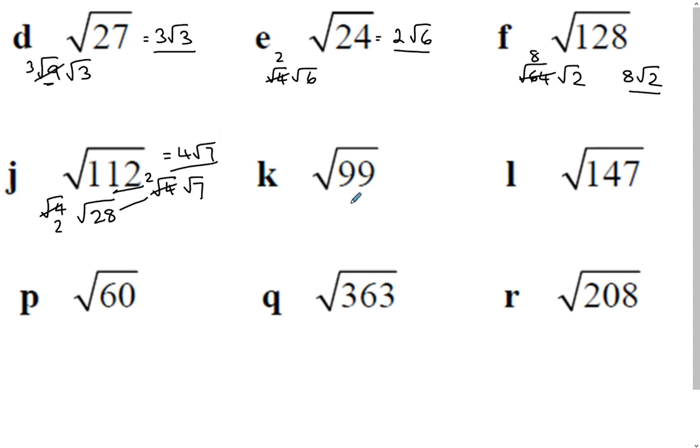All right, 99, you can tell it goes into 9. So you've got surd 9, surd 11, and then that simplifies to 3 surd 11. Okay, 147. Okay, let's just check. 1 plus 4 is 5, plus 7 is 12.